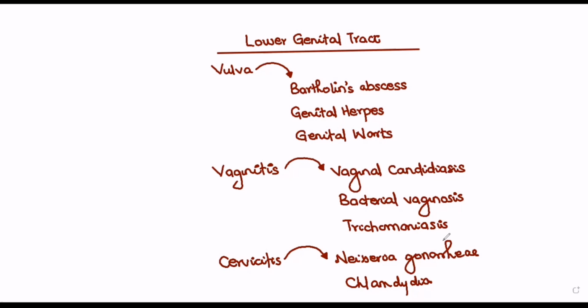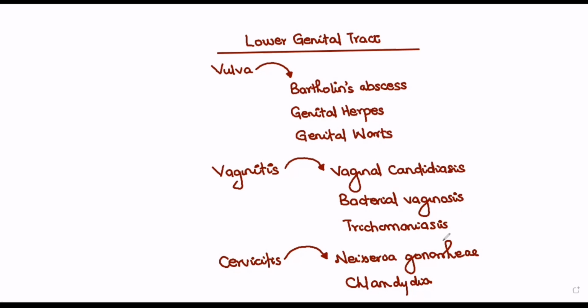Then the cervicitis, we have Neisseria gonorrhea and then chlamydia, and it turns out that the organisms which cause the cervicitis are the same organisms that would cause PID, because from the cervix now you're moving into the uterus, isn't it? So Neisseria gonorrhea and chlamydia infection would end the lower genital tract infections.